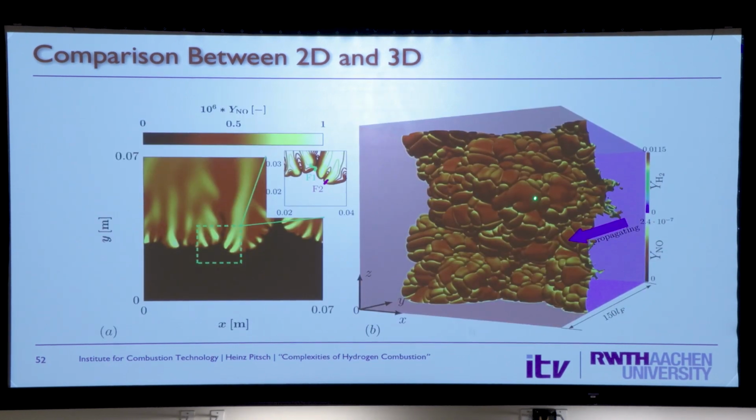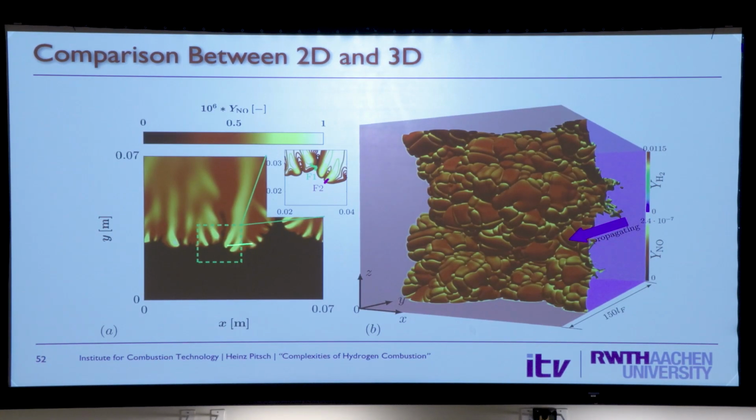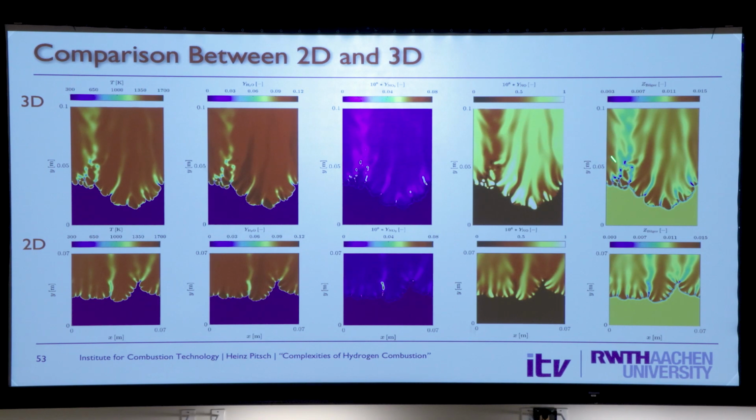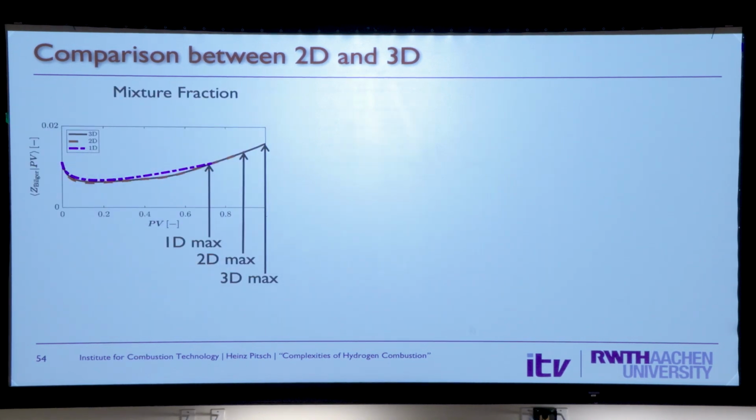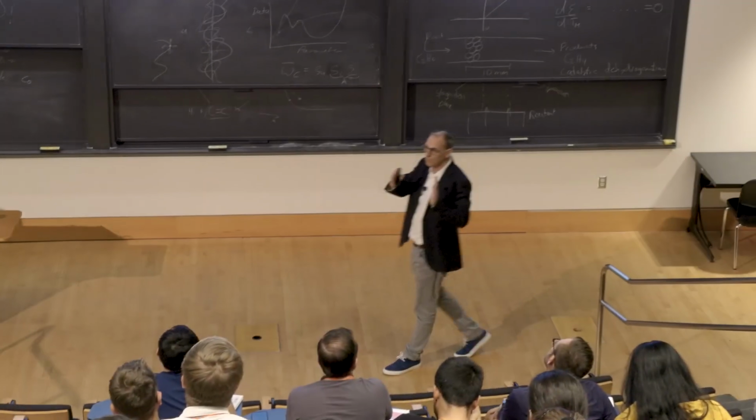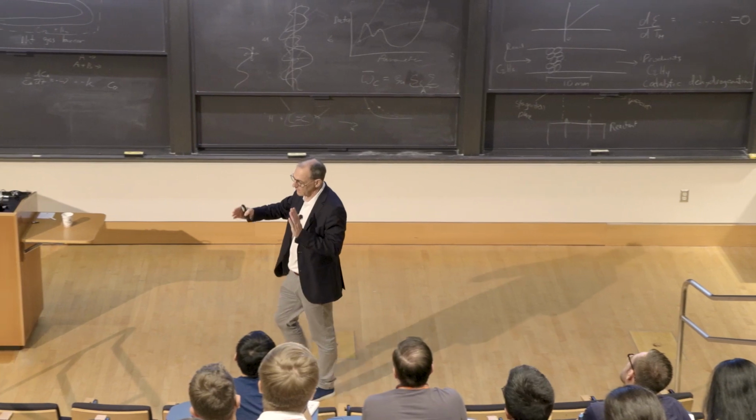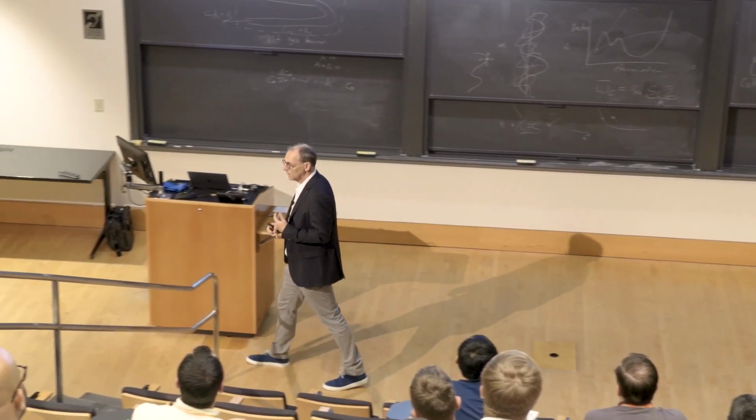So first of all, interesting. This is how these flames looked when we looked at it earlier. This is the 3D, and the 3D looks totally different from the 2D. But if I take just a slice out of the 3D and compare it with the 2D, then they look very similar, right? And so what we saw is that all the flame states, the local state inside the flame, are very similar, only that the 3D gives you much more of these rich and much more of these leaner mixtures.